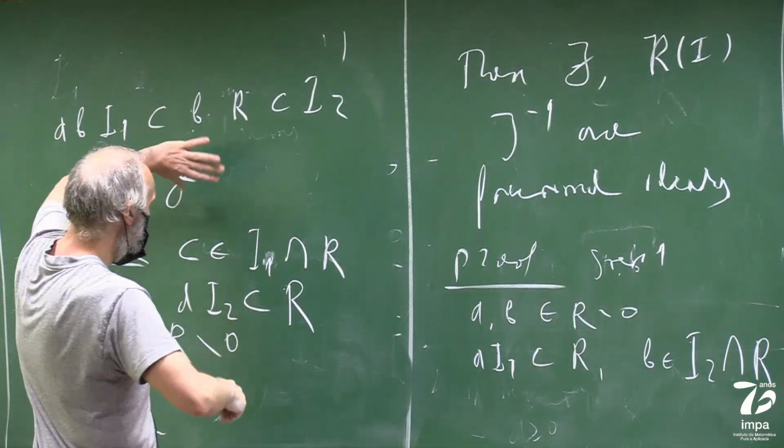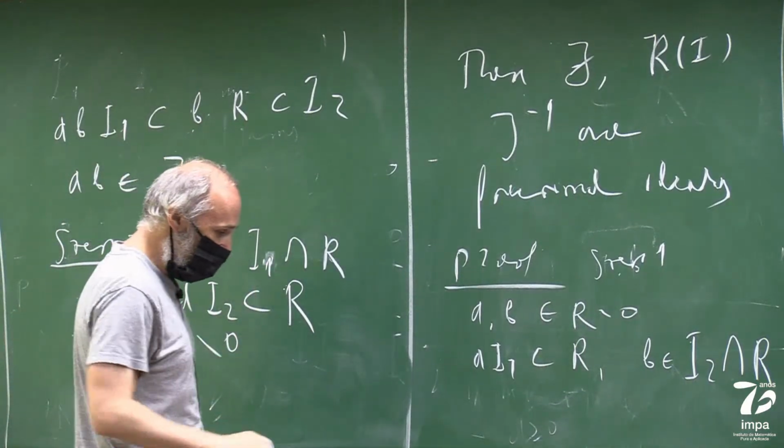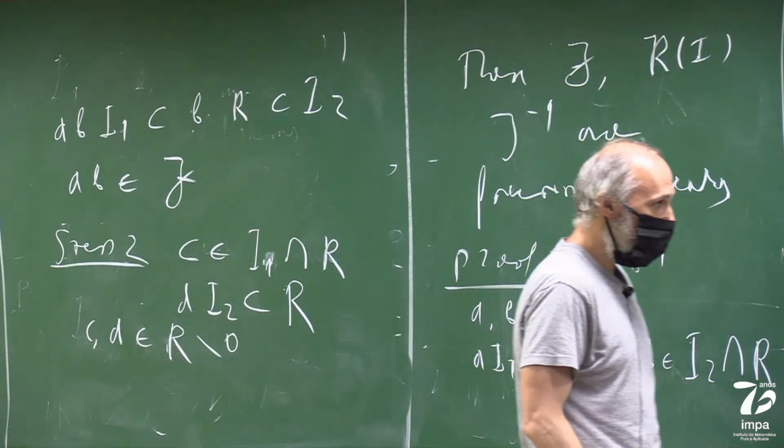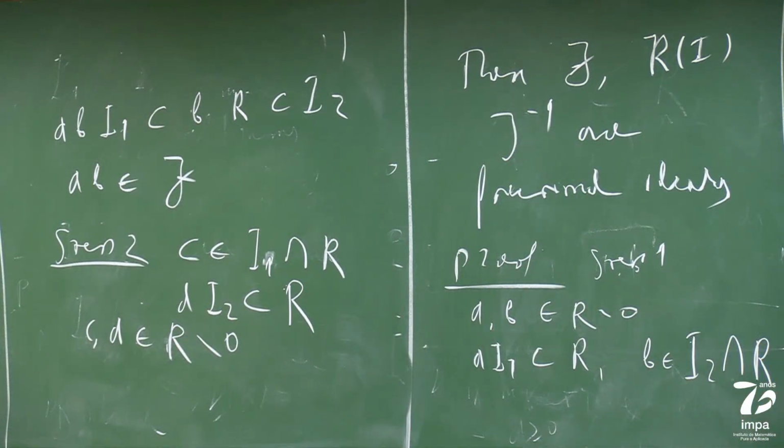This is sort of, I take A and B and invert the order. So you take B equals C and A equals D, I think. Maybe, no, you can't, sorry.